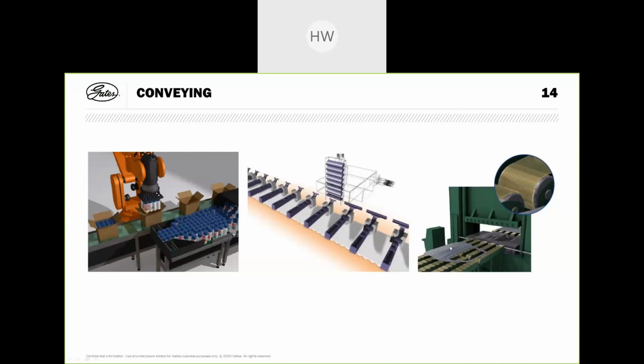You cannot imagine, and that's what makes the TPU belt very interesting. You can always see new applications every single day. So mostly it's start-stop applications, synchronized conveying, and also some process type of transportation.